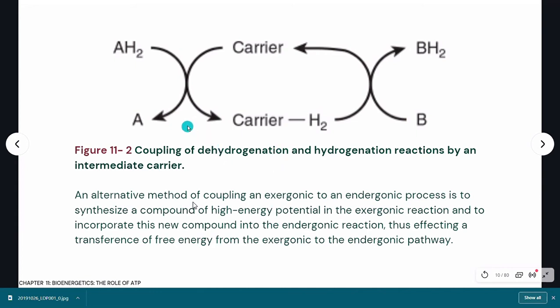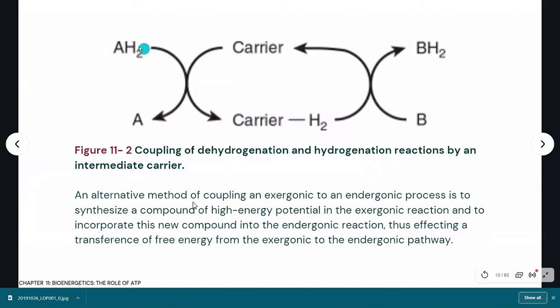D meaning remove hydrogen, ase means enzyme, no? Dehydrogenase. So coupling of dehydrogenation and hydrogenation reactions by an intermediate carrier. So this is your intermediate carrier. Okay.